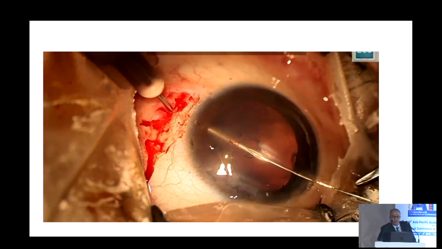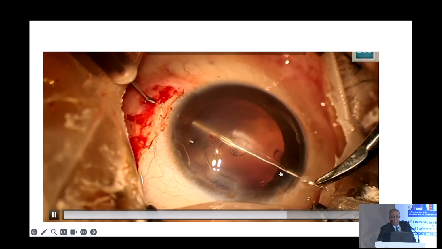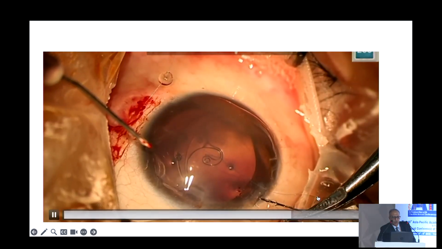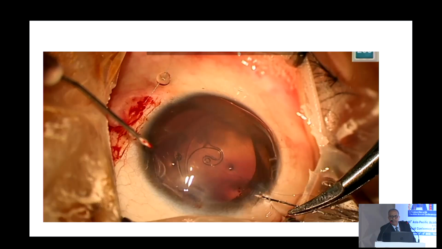So you have to be wary of the fact that, I'll just show you when I do it again. So I'm just taking it out. Now I want you to see what I'm doing, because I'll move it left, right. Why? Because I do not want any entrapment of the corneal tissue, because at times if you do a corneal entrapment, it creates a problem.